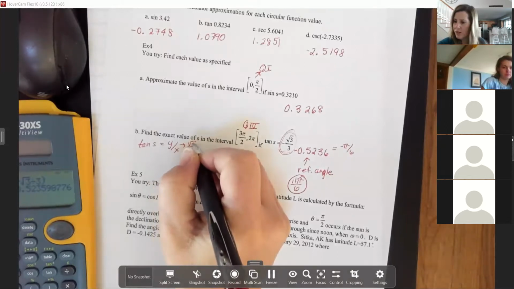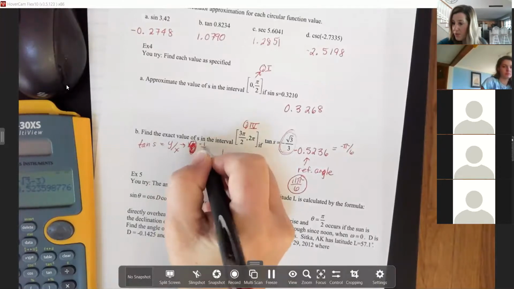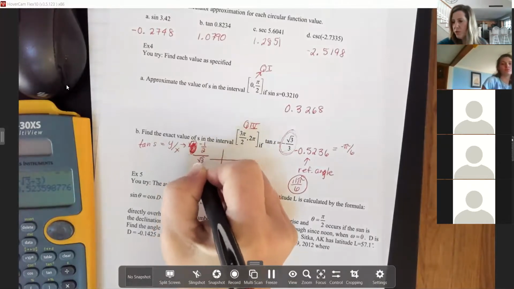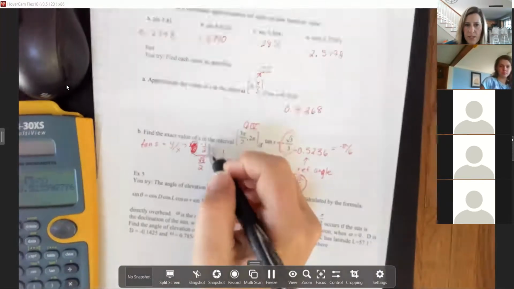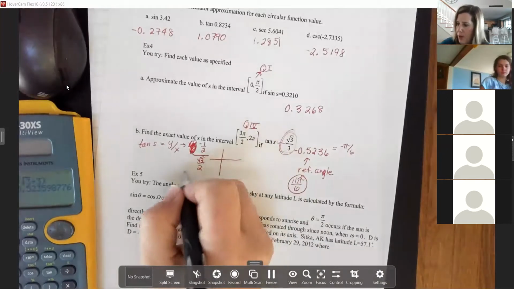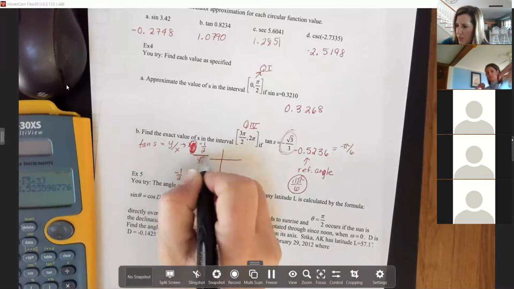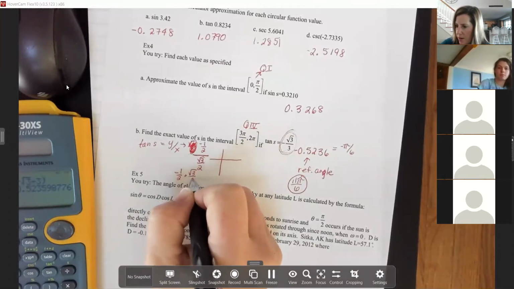Sorry, the y was not root 3 over 2. The y coordinate was negative 1/2 over the x coordinate, which was root 3 over 2. All right, so complex fraction, remember we dealt with complex fractions before, so you would copy the first one. This division gets changed to multiplication, and you flip the second one.